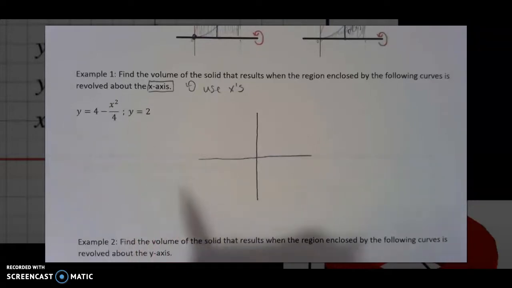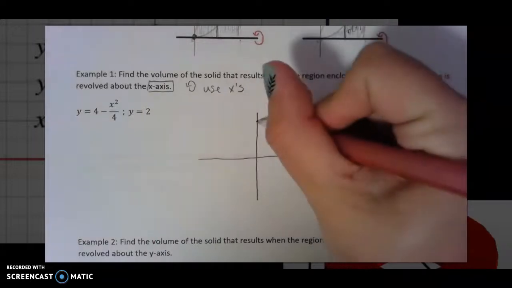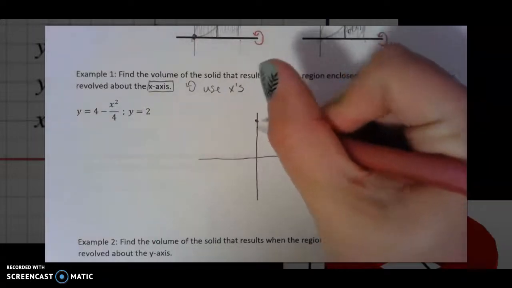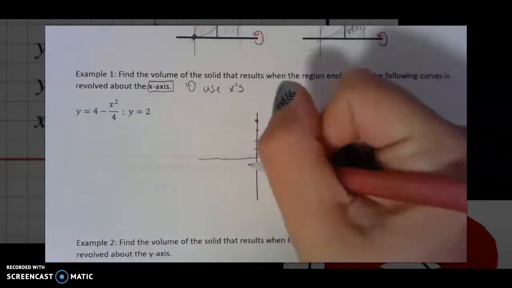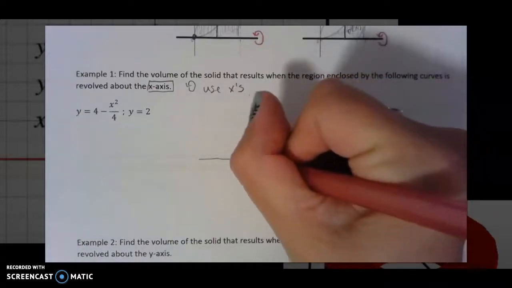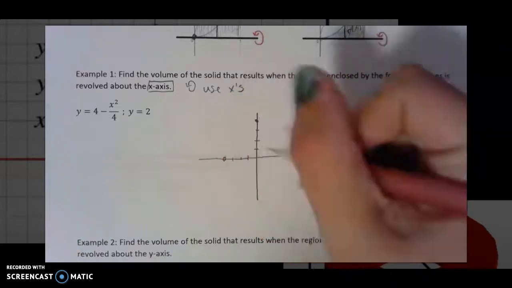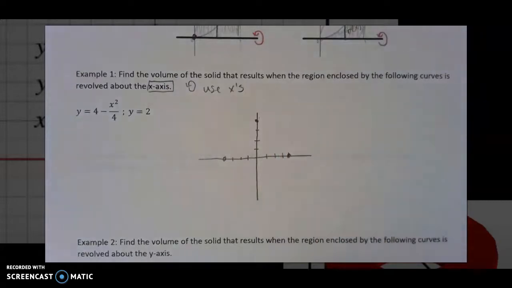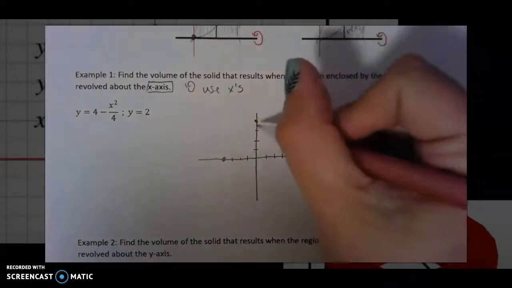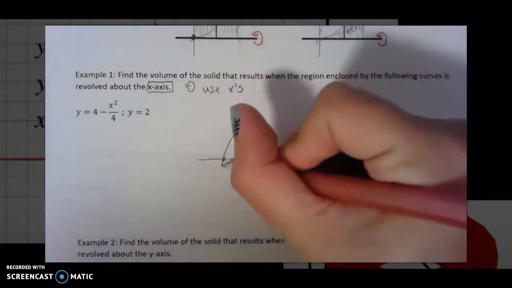It's going to look like this. It's going to go through 4. Sorry guys, the x-intercepts are actually -4 and +4. Okay, so just doing a rough sketch of what this looks like.